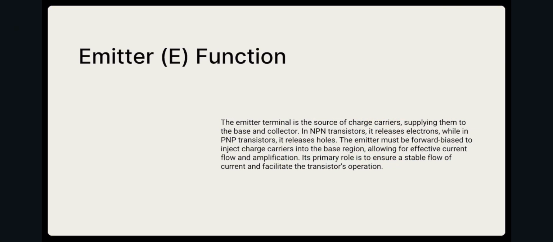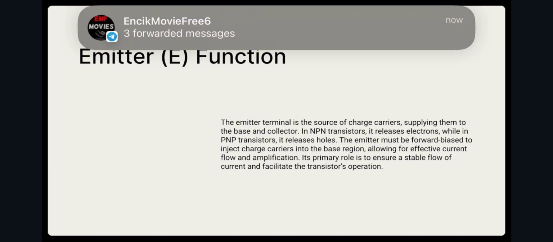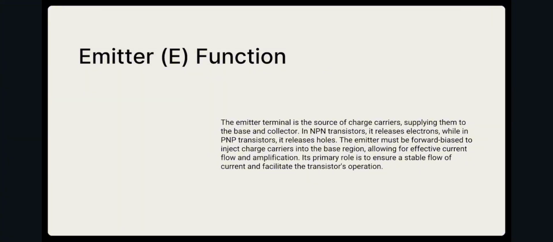E is emitter function. The emitter terminal is the source of charge carriers, supplying them to the base and collector. In NPN transistor, it releases electrons, while in PNP transistor, it releases holes.